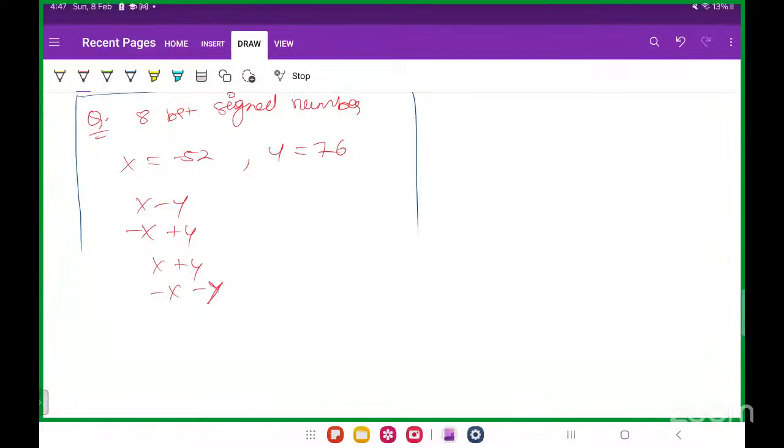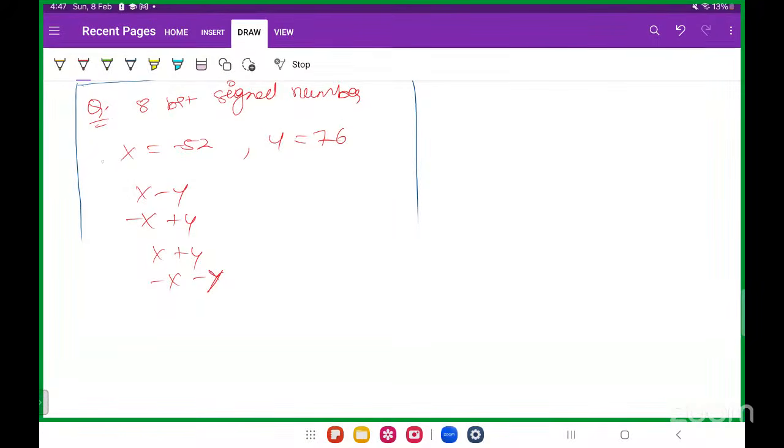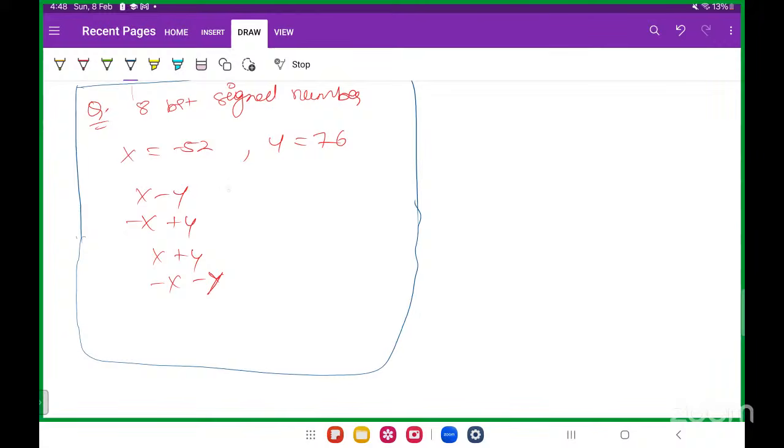Here, if you look, there are minus 52 and plus 76. If we are adding them, there cannot be overflow. That is true. When one has a positive sign and another a negative sign, then overflow can happen in subtraction. Now with minus 52 and plus 76, if it is minus 76, then it is 120 minus 128.